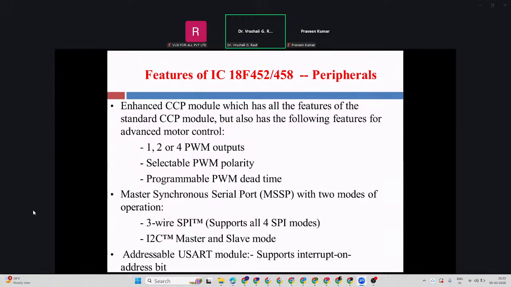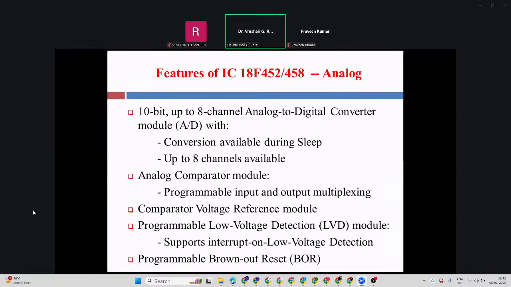Look how many added features are there. How much importance we are adding here to the 18F. Okay, then the other feature is analog. After those peripheral features, in short, we talked about the analog, but here we'll go into a bit more detail. A 10-bit, 8 channel ADC converter is there with conversion available during sleep time.